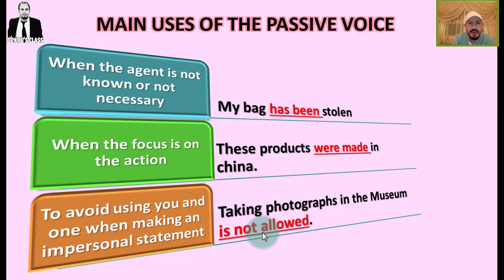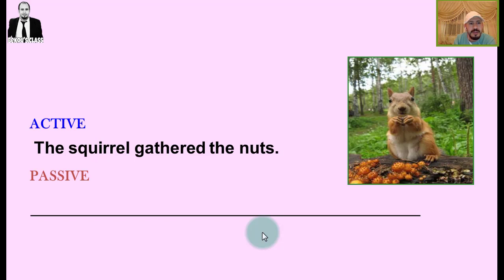Okay, all right, we're going to see this little example here. I'm going to transform this sentence from the active to the passive. As you can see in the picture, it's a squirrel. So the squirrel gathered the nuts. The nuts, these are products. So we have here three elements.